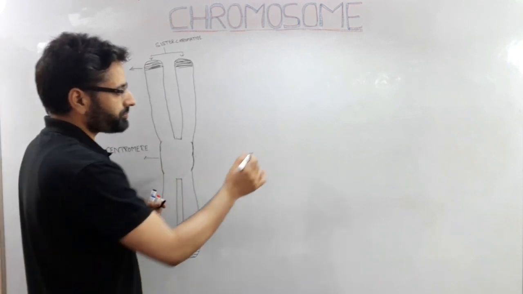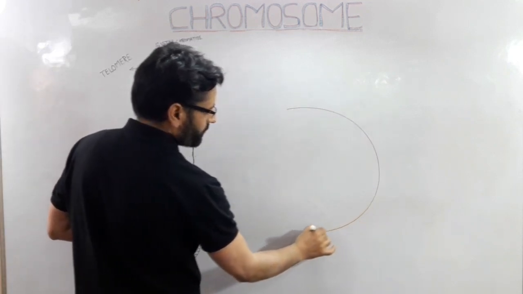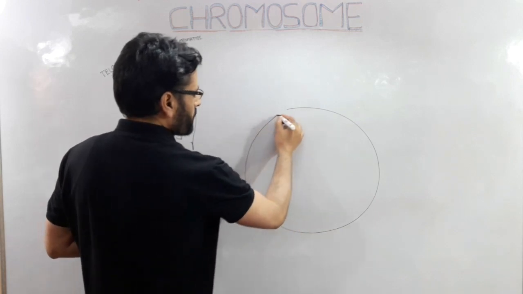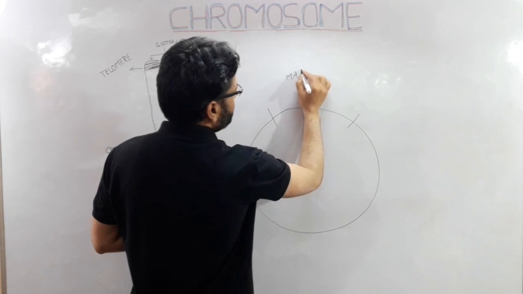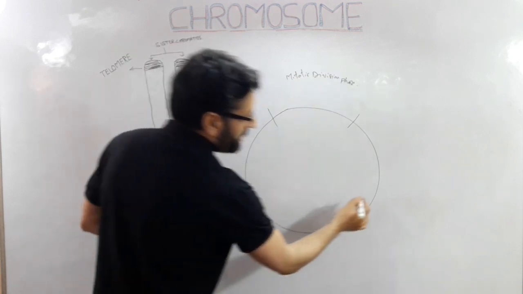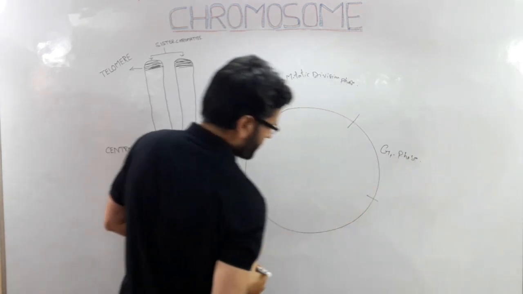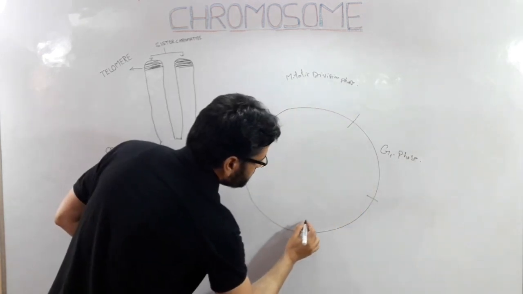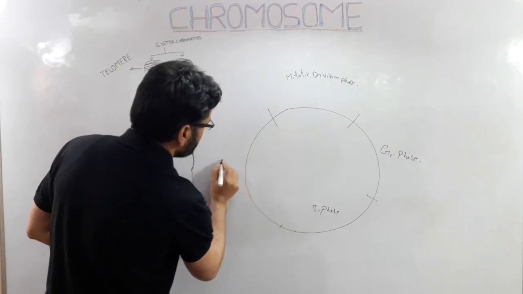For example, this is the cell cycle. Let us consider the mitotic division. Here we have the G1 phase, then the S phase, and here the G2 phase.